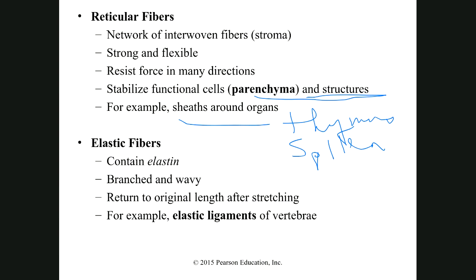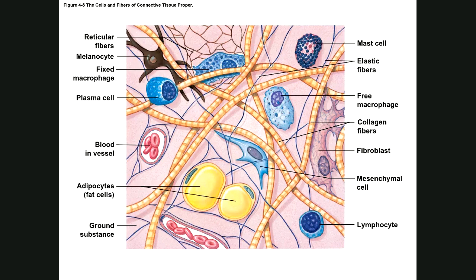Elastic fibers form the elastic ligament of vertebrae and elastic cartilage. Here is the most common cell that you can see, the mesenchymal cell, a stem cell that is moving. All of these have collagen fibers.